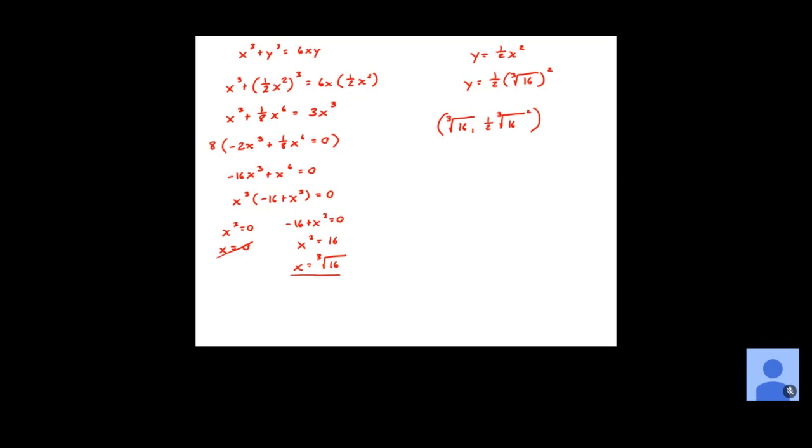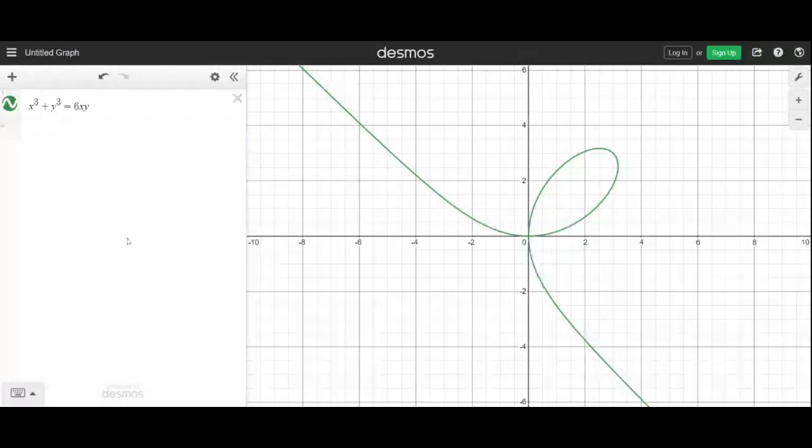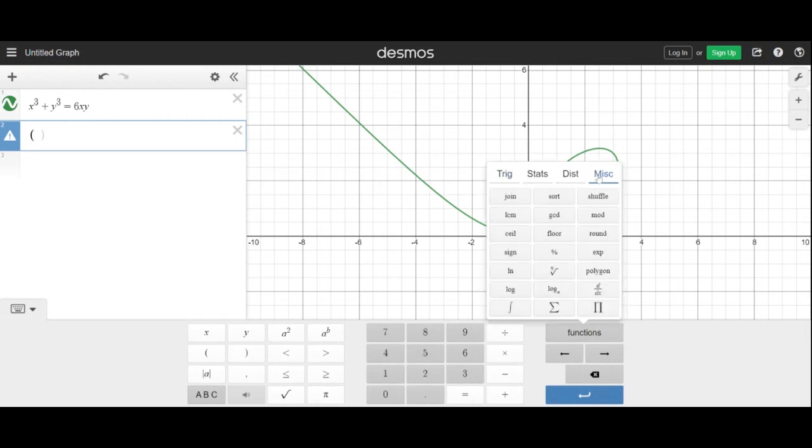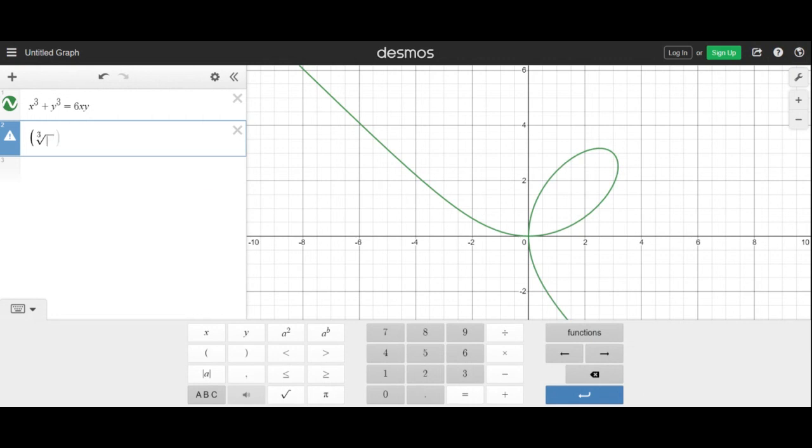All right, now let's look at the graph, because I do want to show you what we just found. We have our original function here. We were looking for the point where we would have a horizontal tangent line. If I graph this point now, cube root of 16 is our x value, and then we had 1/2 of the cube root of 16.